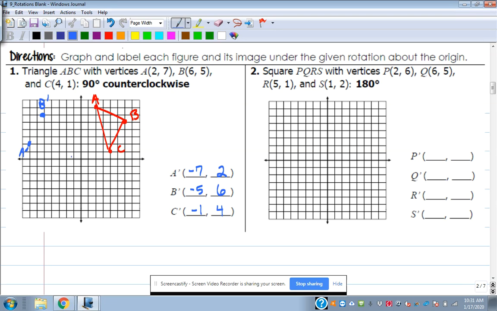And then you draw your image. So rotating that image 90 degrees counterclockwise is like picking it up and just rotating it that way.